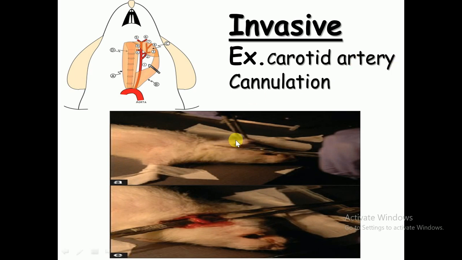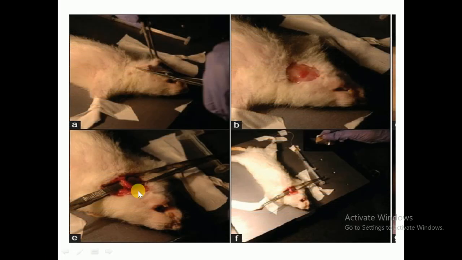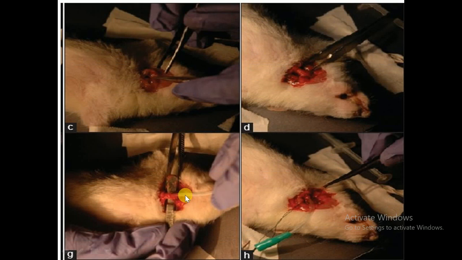First you have to remove the hair, then make the incision, and try to find the carotid artery, which lies beside the esophagus. It depends on whether you want to cannulate the left artery or the right artery. After this, just uplift the artery using a spatula and try to cannulate with this cannula.